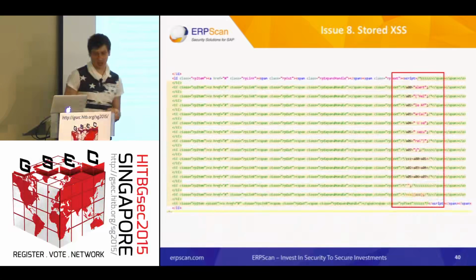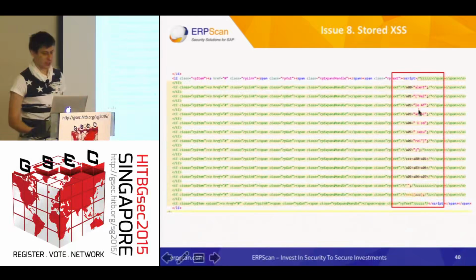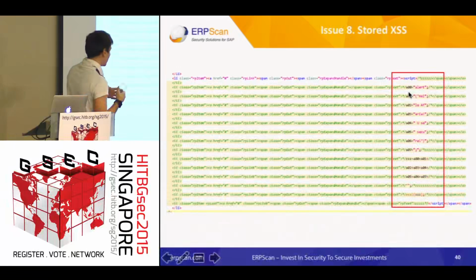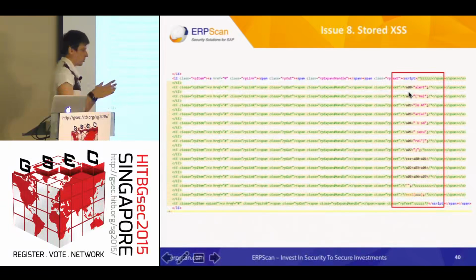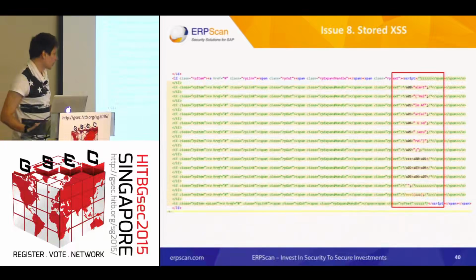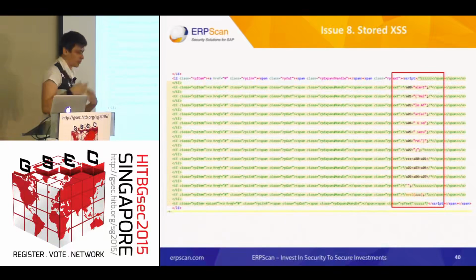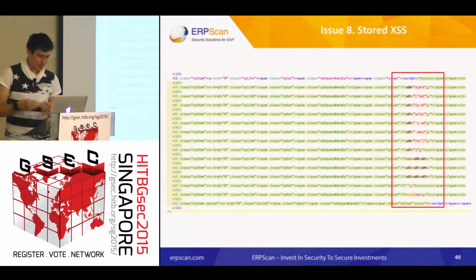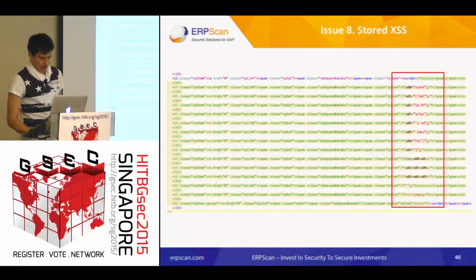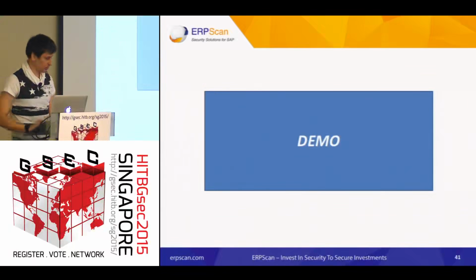We send a few requests, and in the IMEI field of each request we put a little part of our JavaScript payload, and after that all these little parts are concatenated, creating one big JavaScript payload. Now I will try to show you a demo.